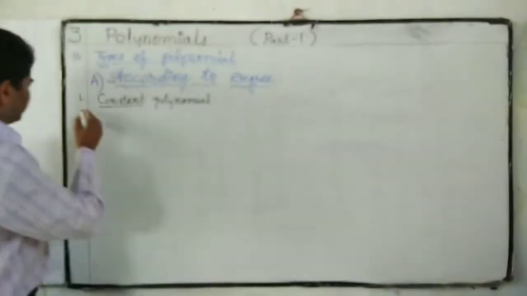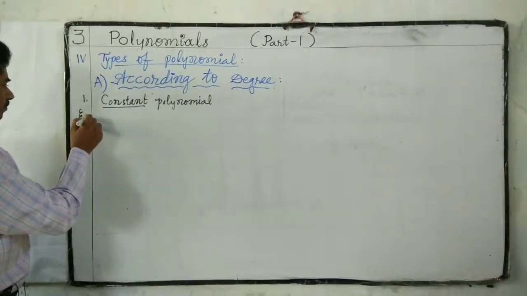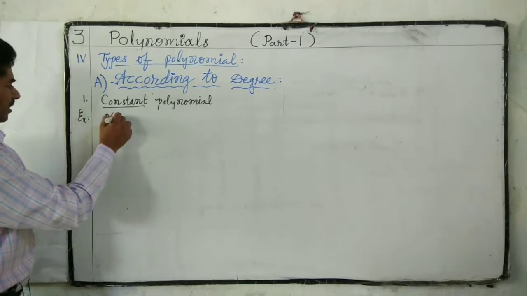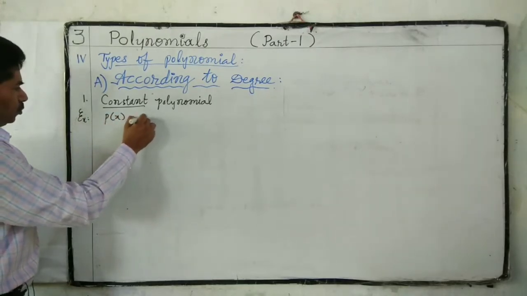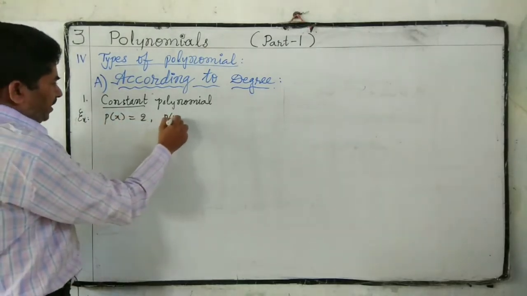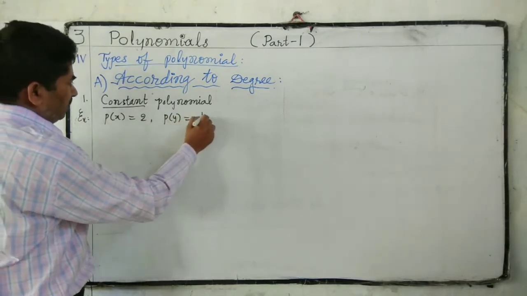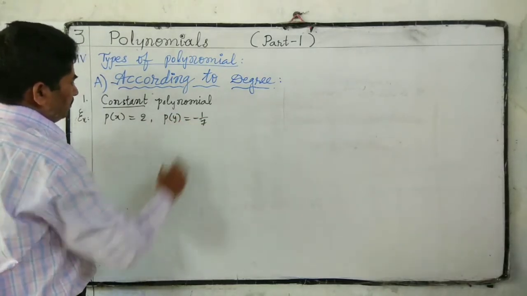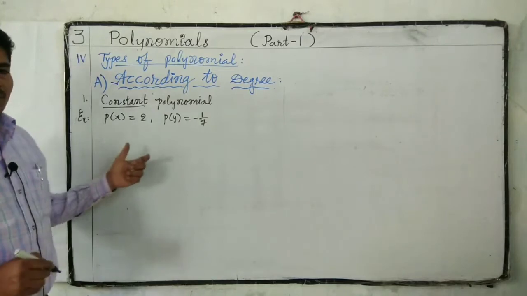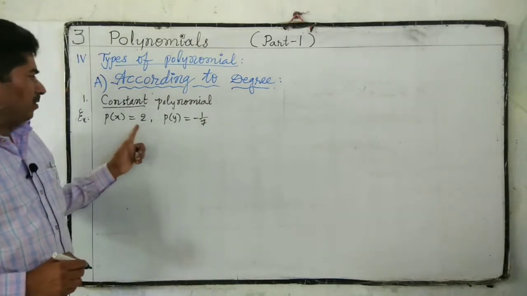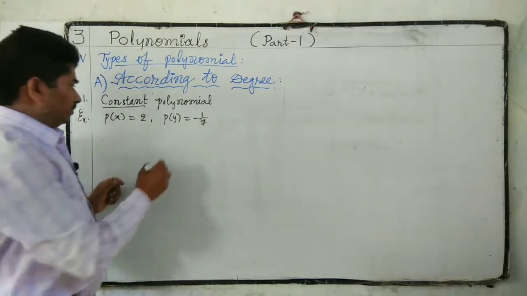Example, p of x is equal to 2, p of y is equal to minus 1 by 7. These are constant polynomials, here degree 0.